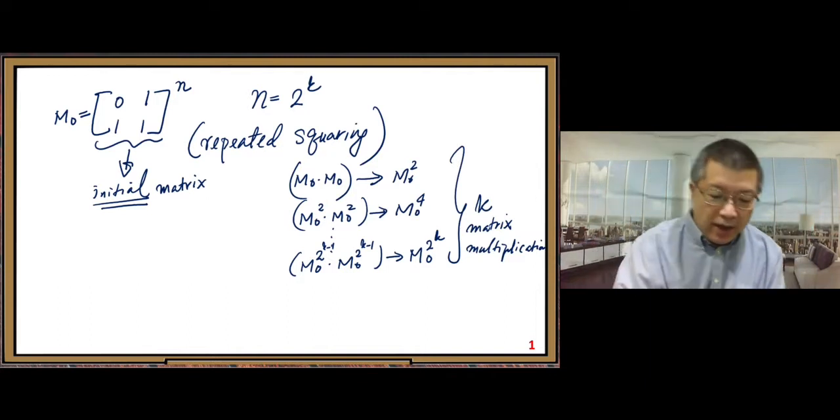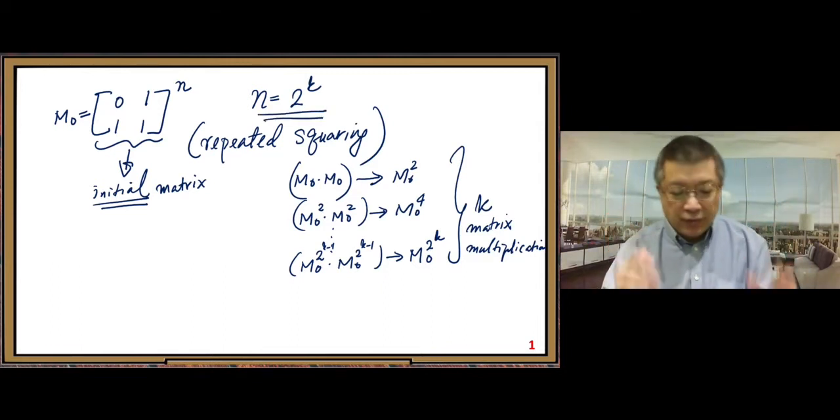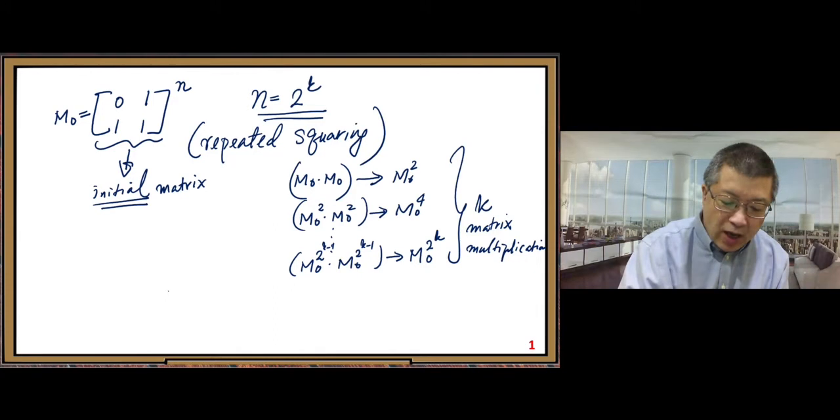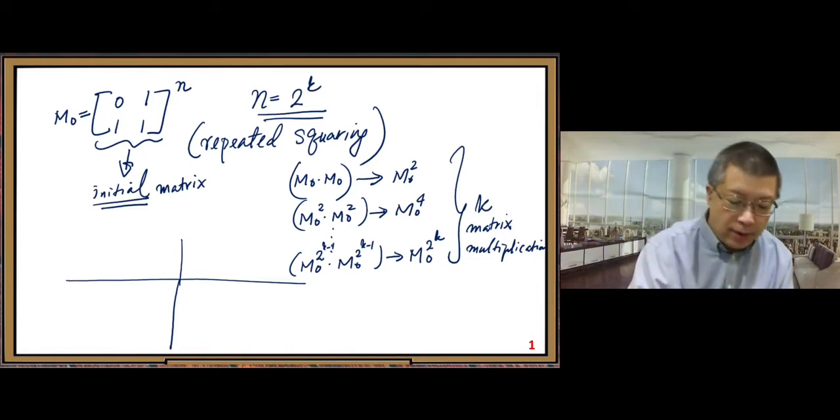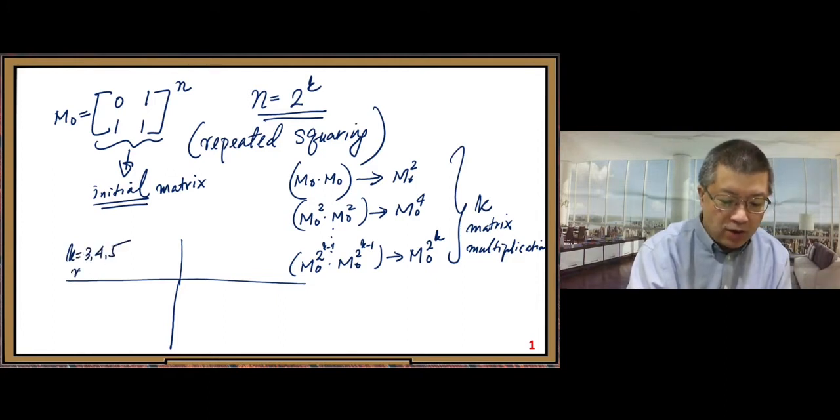Regarding the k number, in my description I ask you to do comparisons in 2 parts. The first part is for relatively small k, so k equals 3, 4, 5, which corresponds to n equals 8, 16, and 32.